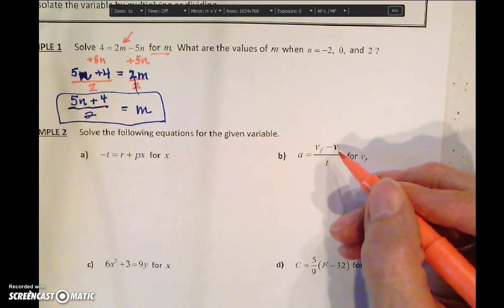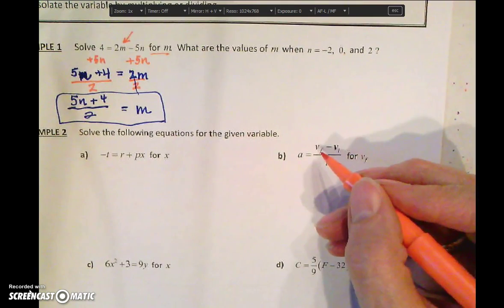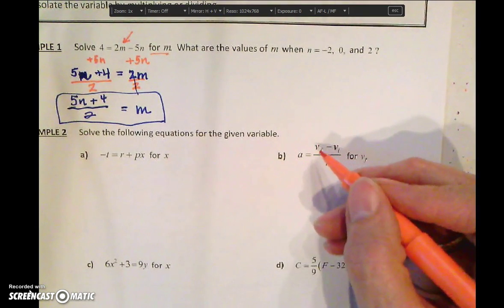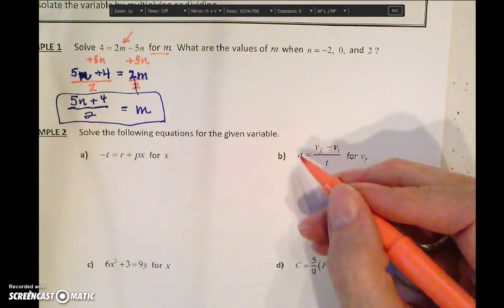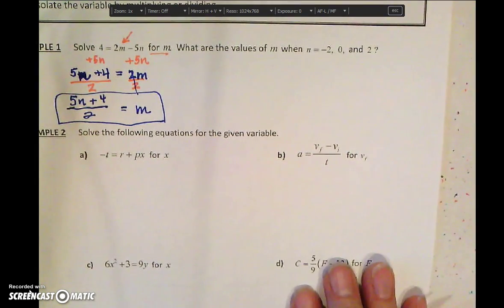V would be velocity, and this represents the initial velocity. So it's just a single number represented this way. This might be time and acceleration. We'll just go there for that.